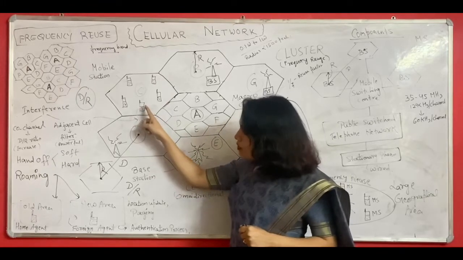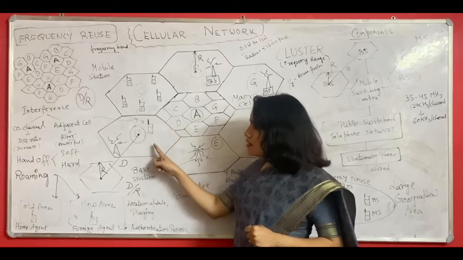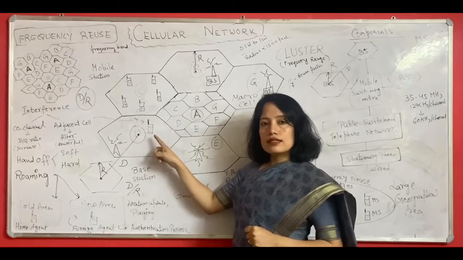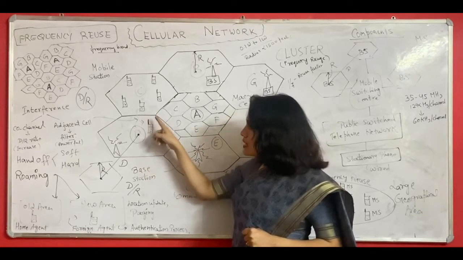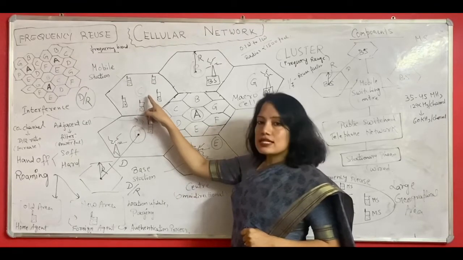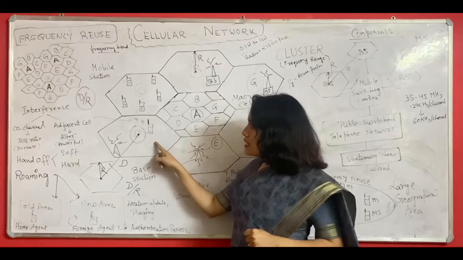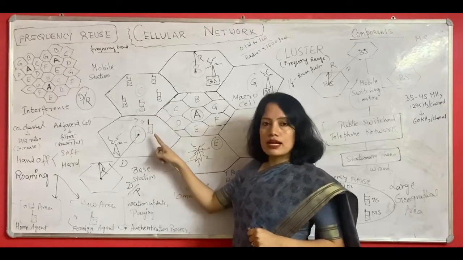When this mobile phone moves from cell C to cell D, it comes in the range of base station D and under its control. In this case, the connection from base station C must break and the new connection from base station D must be made so that the service remains continued.